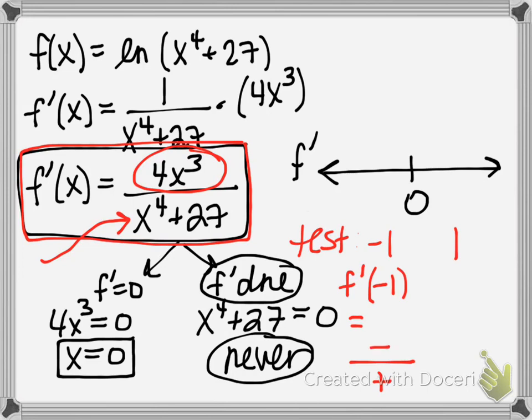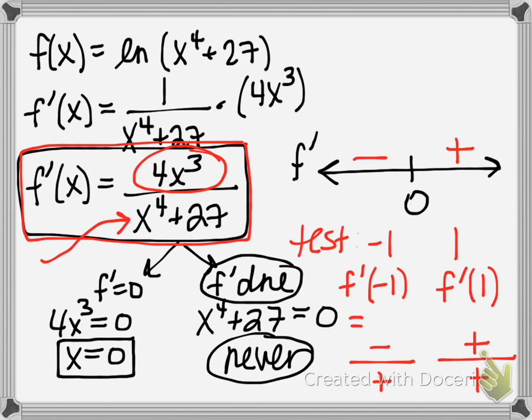And a negative divided by a positive results in a negative. Same thing, we want to substitute +1 into the derivative. Once again, the denominator is always going to be positive, and if you substitute +1 into the numerator, it is also positive. So the derivative does change sign. The derivative goes from negative to positive.